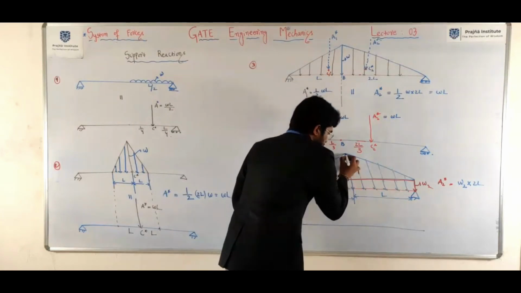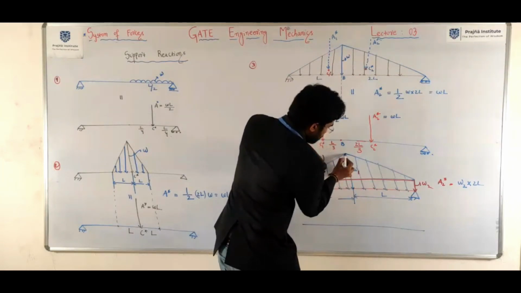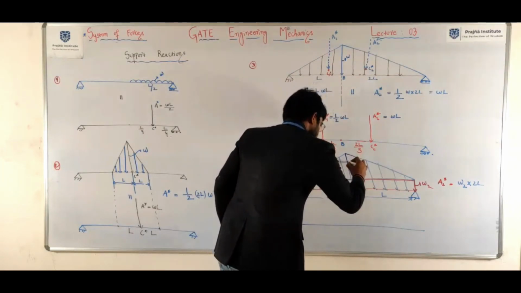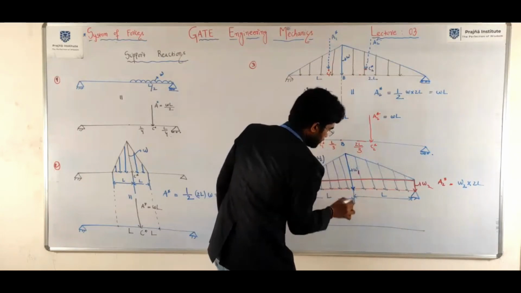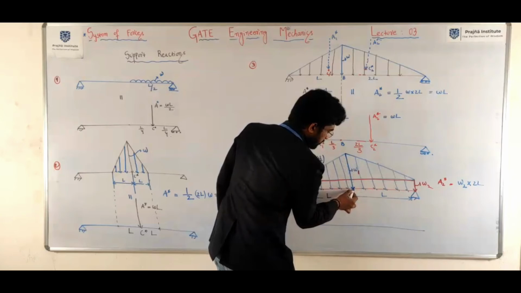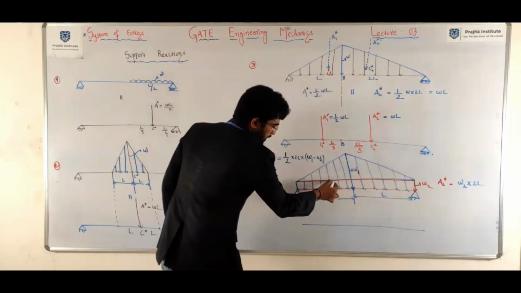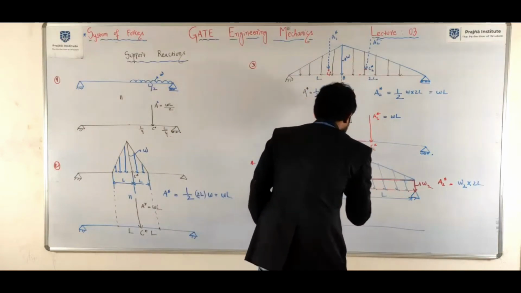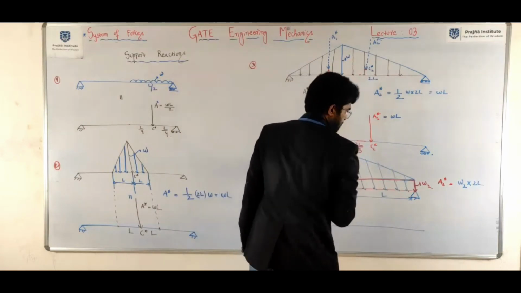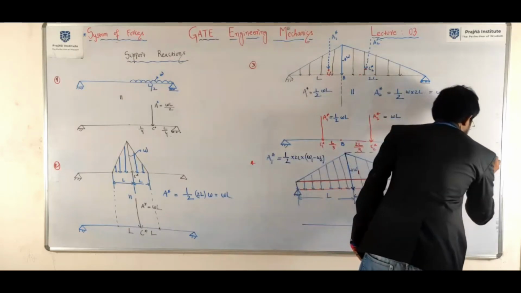That is the thing. Why? Because from here to here W1. Okay? From here to here W1. This is W1. Okay, we need to take area up to here only, na? Area up to here. So from here to here. See this.